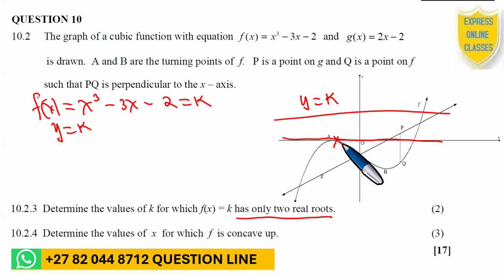It's going to touch at the turning point, and it's going to touch the cubic graph there as well. Which is obviously giving you two real roots, a root here and a root there. A root is the x value where these two graphs intersect. But you can also draw another line there, giving you a root and a root.